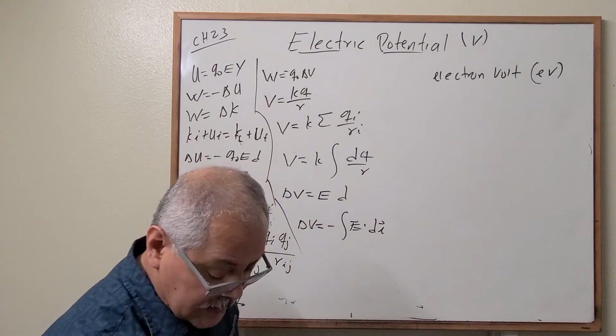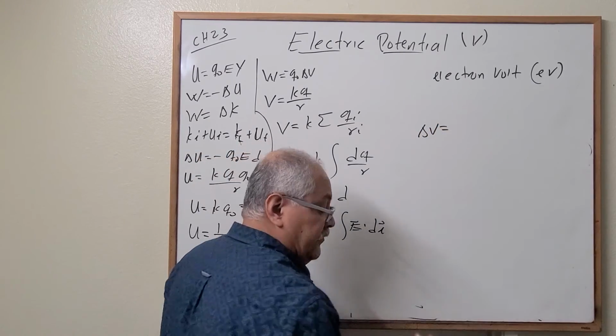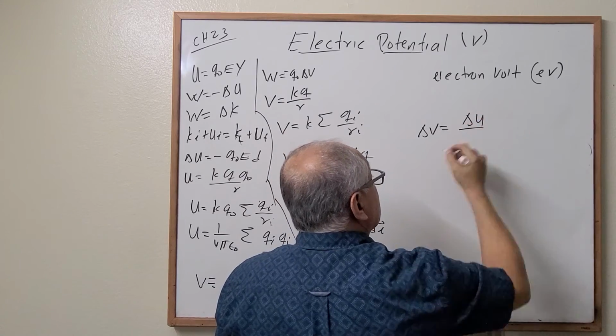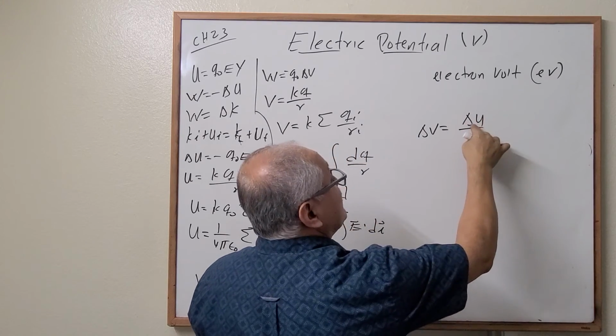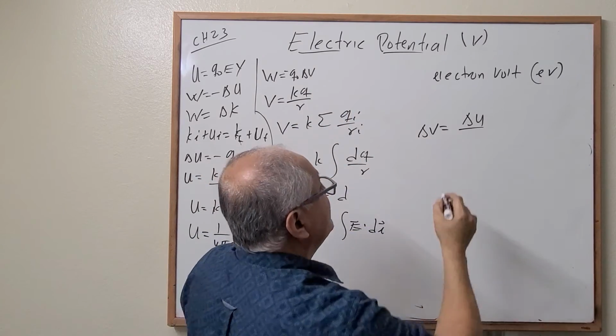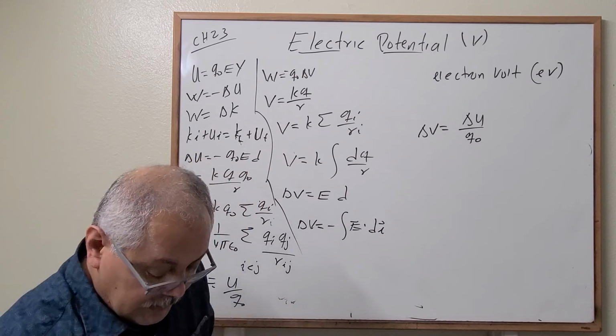Okay, let's do it. Now let's go to potential difference. The potential difference is equal to, one more time, the change in the electric potential energy divided by Q naught. Correct?